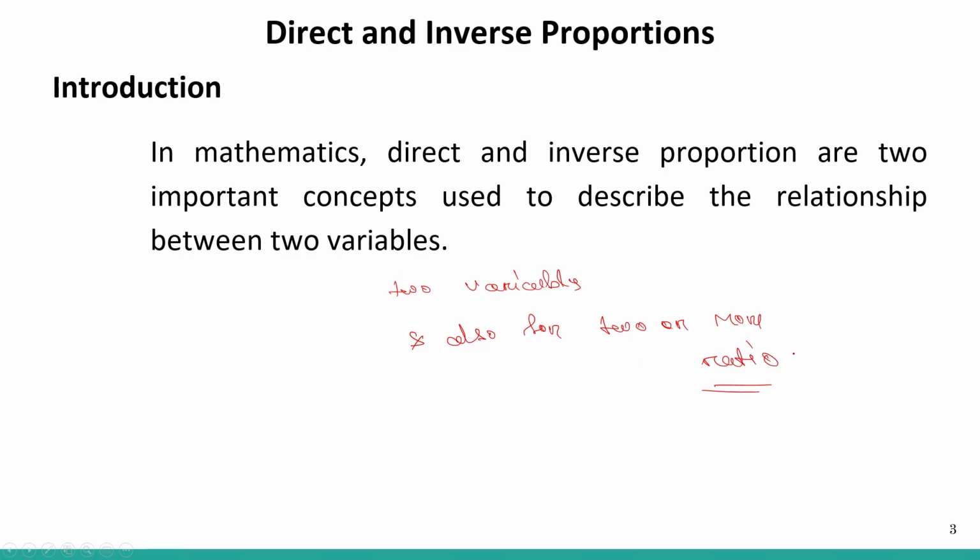When I say it is also used to describe the relationship between two ratios, I mean whether any kind of similarity is there between the ratios, whether the ratio of first to second is equal to the ratio of third to fourth. This is a special kind of relationship between two ratios. We'll discuss it in detail in the upcoming slides.